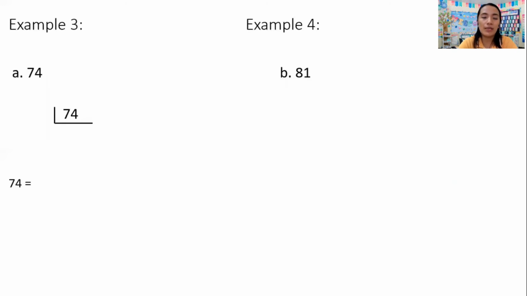We have example 3, 74. So 74 divided by the smallest prime number, which is 2, equals 37. Since 37 is a prime number, we will write the final answer as 2 times 37. Next, example 4, 81. 81 divided by the smallest prime number, which is 3. 81 divided by 3 is equal to 27.